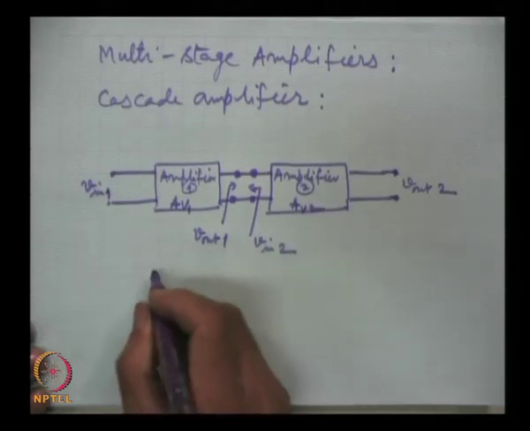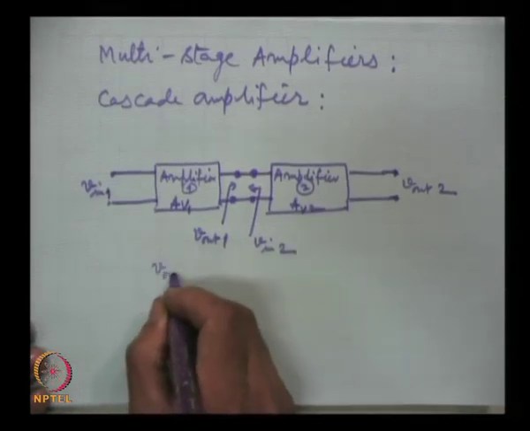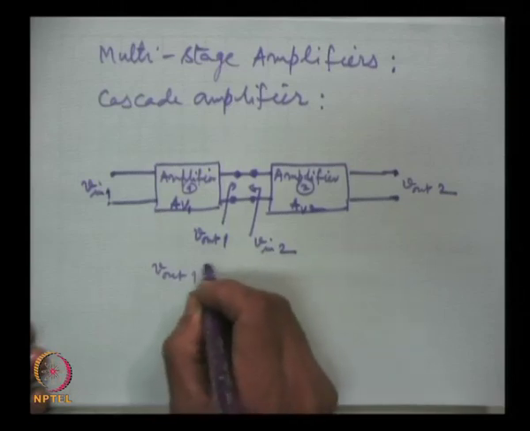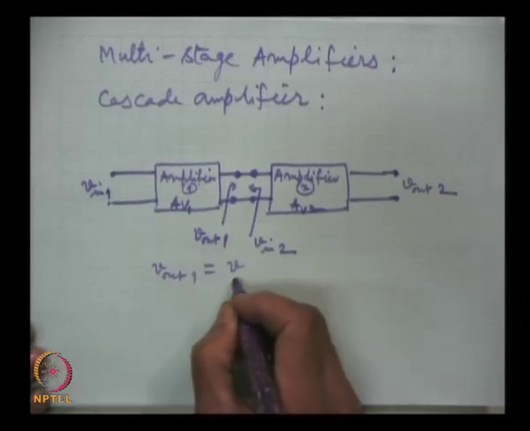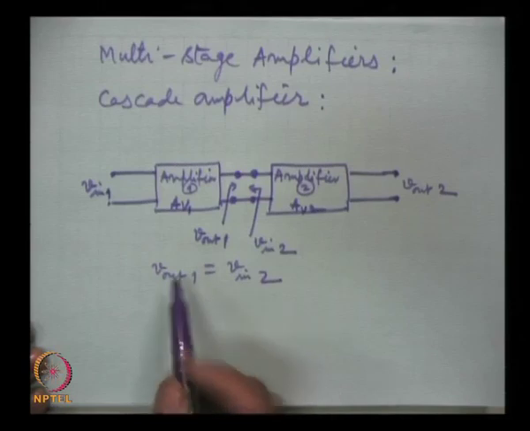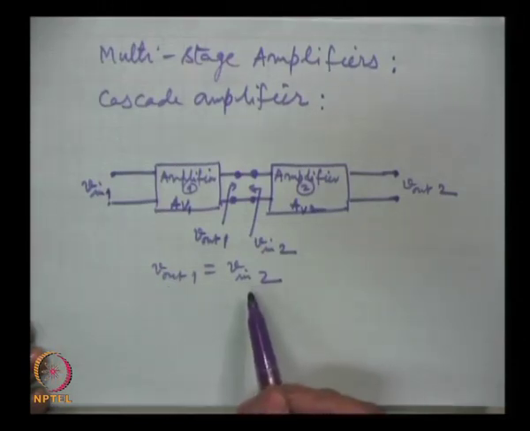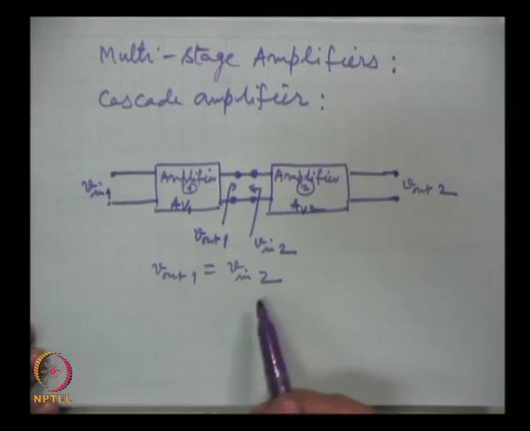So, obviously V out 1 is equal to V in 2. The output of the first stage is equal to the input to the next stage.